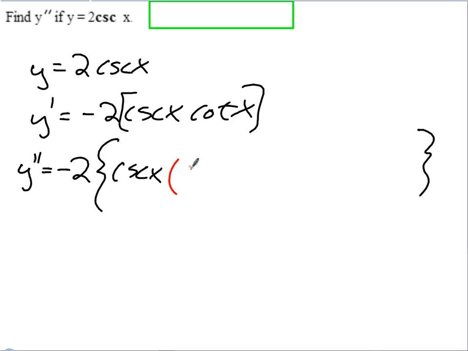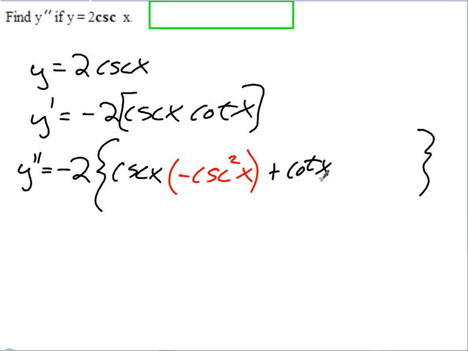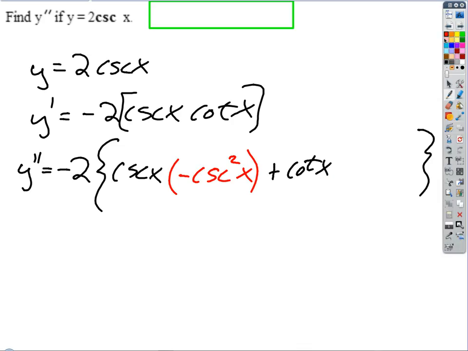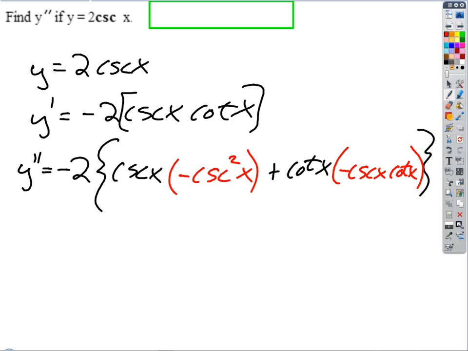Derivative of tangent is secant squared, so the derivative of cotangent must be negative cosecant squared, plus cotangent x times the derivative of cosecant. What's that? Yeah. Negative cosecant x cotangent x. Right? And I could expand these out, right? Multiply these out. What do I get?